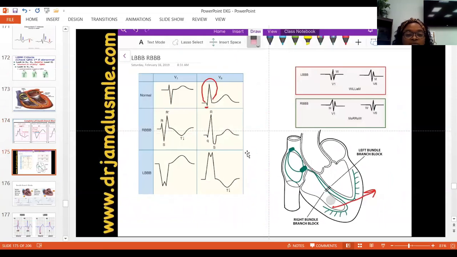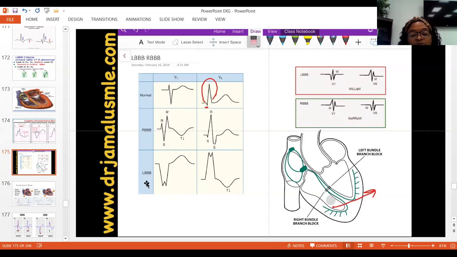Okay, so let's look at what our QRS looks like in V1 and V6 for a normal heartbeat. We see our QRS deflection is negative in V1 and positive in V6. Look at it here for our right bundle branch block. We have the R on R. And then over here in V6, we see the slurred S wave.